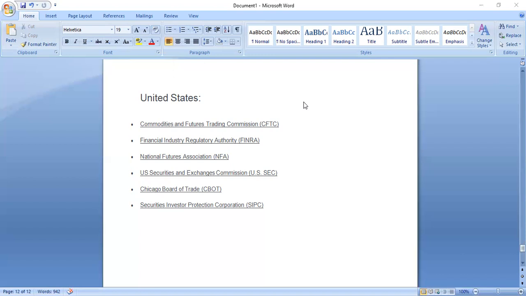Then still in the US, the US Securities and Exchange Commission, the SEC, and the Chicago Board of Trade, the CBOT, and the Securities Investor Protection Corporation, the SIPC. So these institutions emerged to regulate the activities of Forex in the United States.